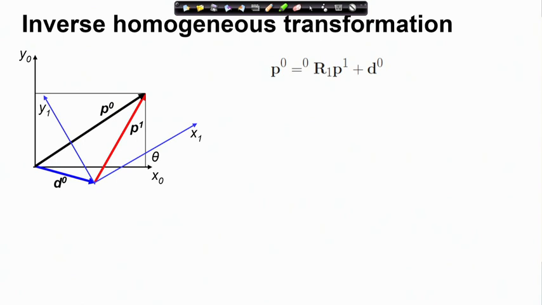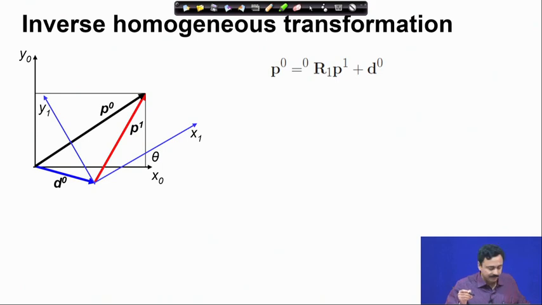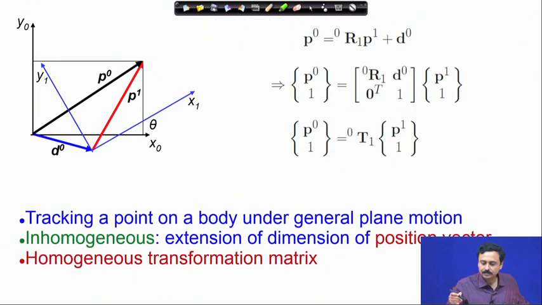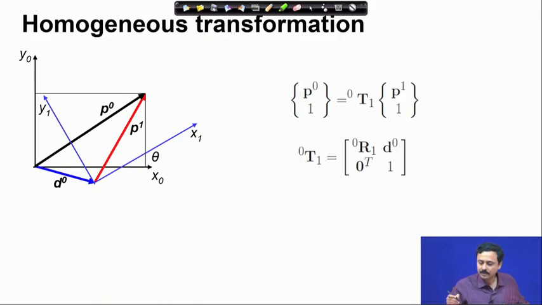Now, the inverse homogeneous transformation matrix. How do you invert? So, in the previous case, we went from frame 1 to frame 0, as you can see. P 1 was in frame 1, P 0 was in frame 0.